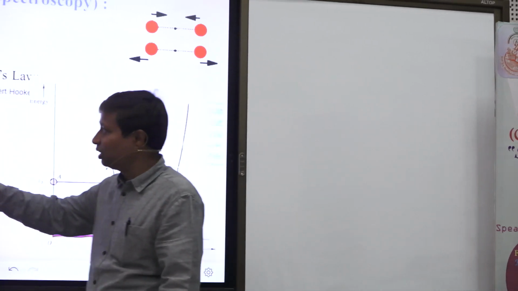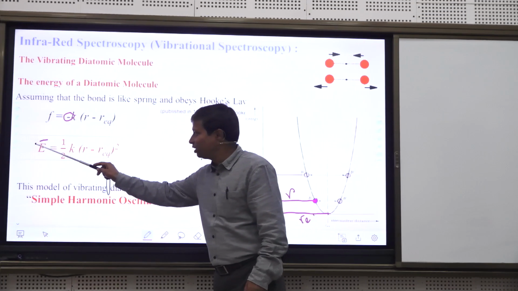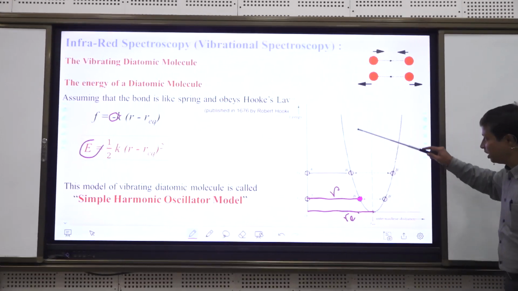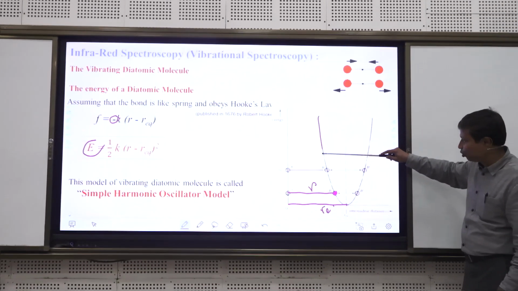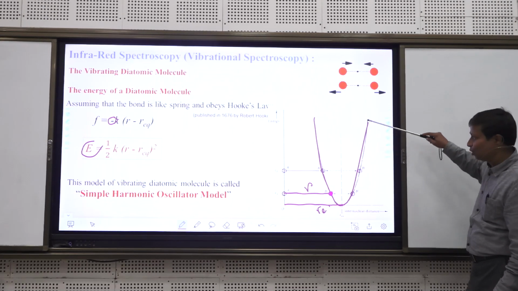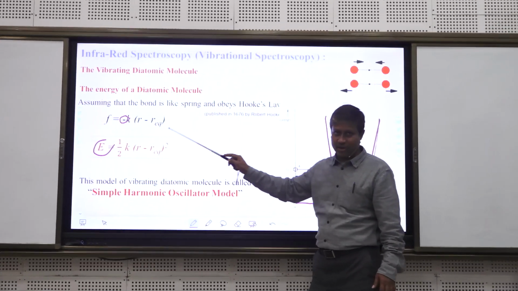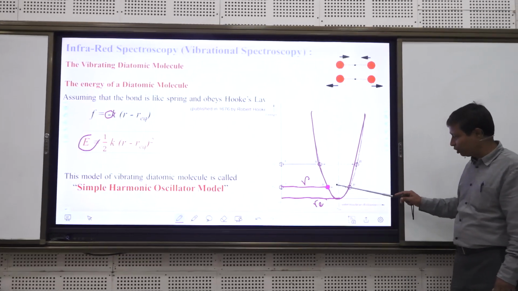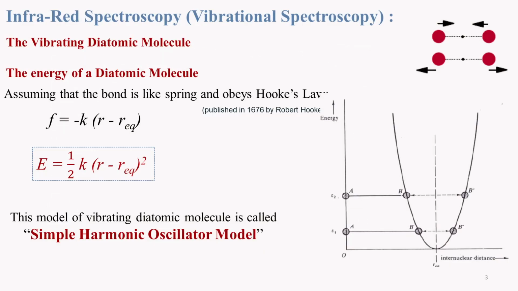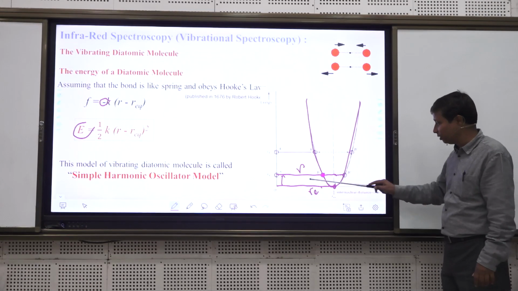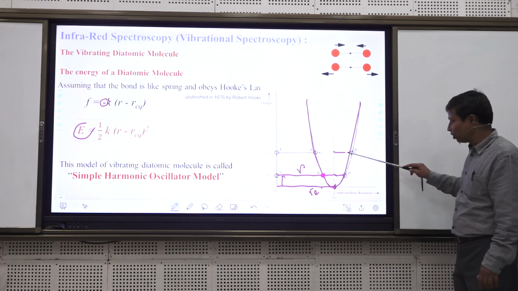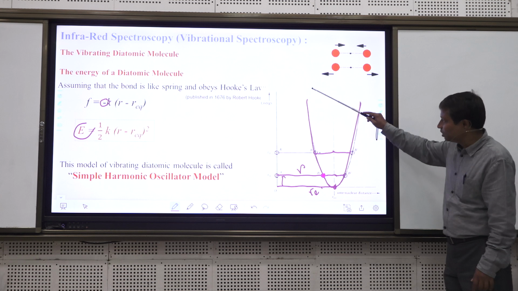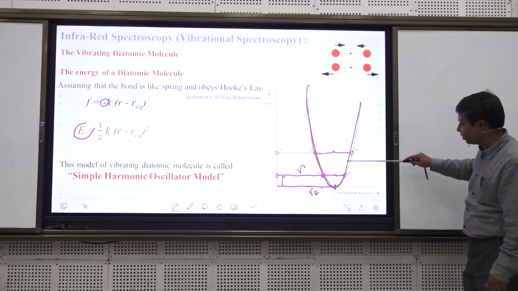This is the meaning of it. So the energy profile for this whole thing indicates that it will be a parabola, that is half k x square. So this is simple harmonic motion. Why is it simple harmonic motion? Because you have a molecule like this: stretching and compressing by the same amount increases the energy by the same amount. More stretch, more compress, so this one says a parabola.